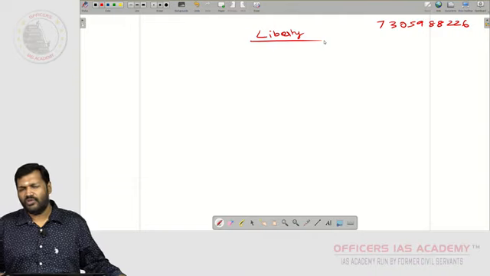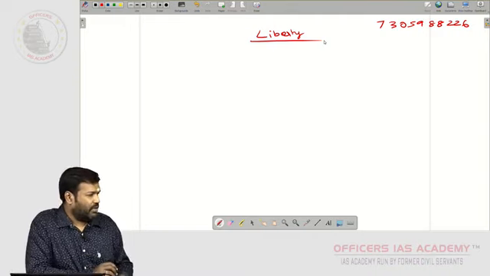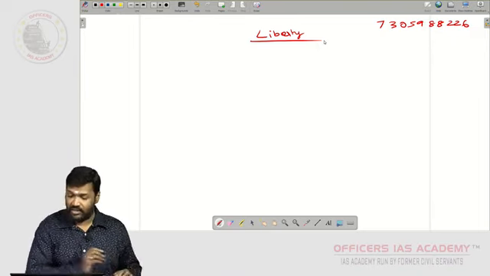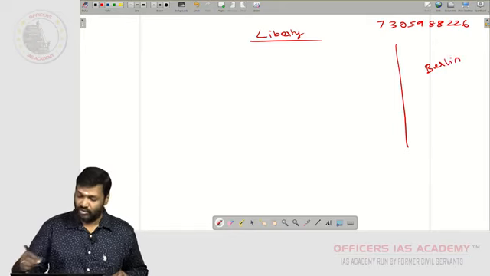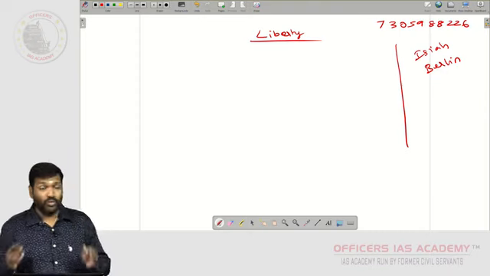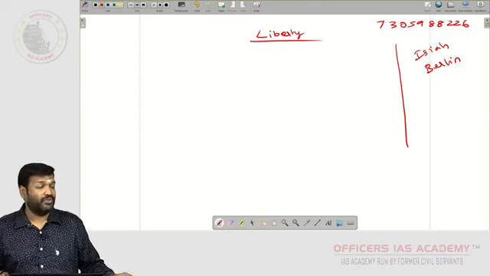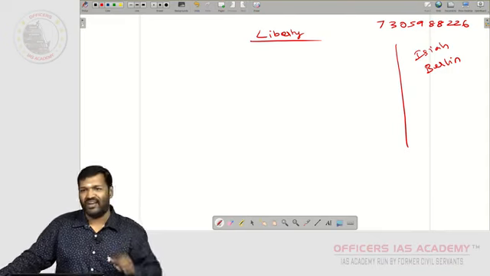Different scholars have different opinions. According to Isaiah Berlin, a very famous name when it comes to liberty and freedom, freedom is a kind of condition that is prevalent.